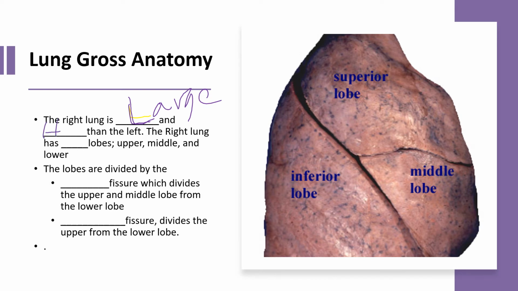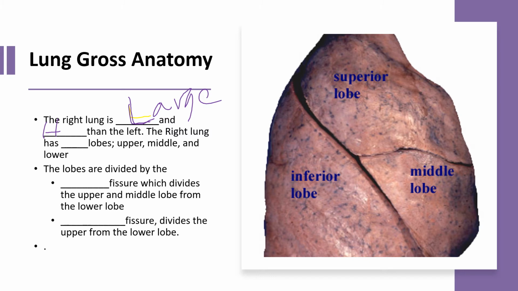I'll just put the letter H in there. You have three lobes and 10 segments on the right, compared to 2 lobes and 8 segments on the left. So the right lung has more mass. It's heavier and larger than the left.